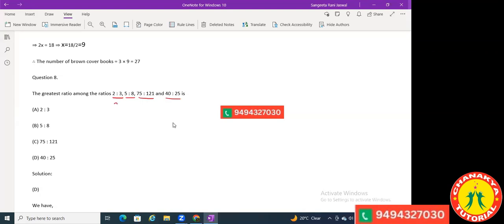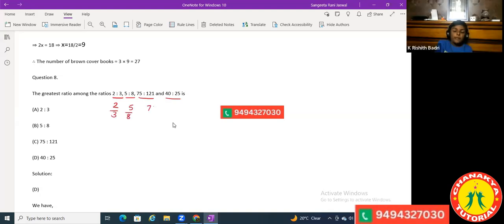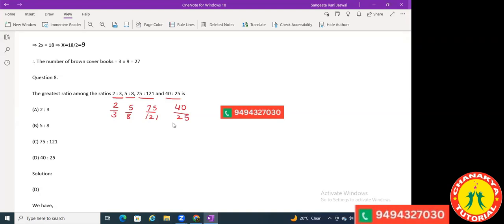I can write these ratios in the fraction form like this. What will you do here? I will just divide the numerator with the denominator. I will divide 2 by 3. I get a decimal point here.